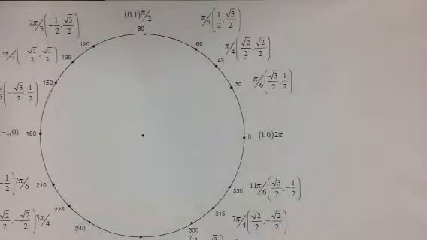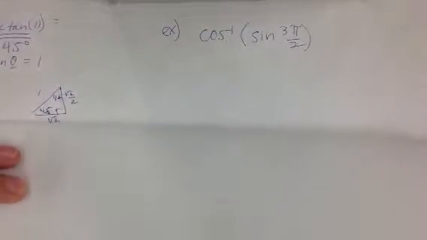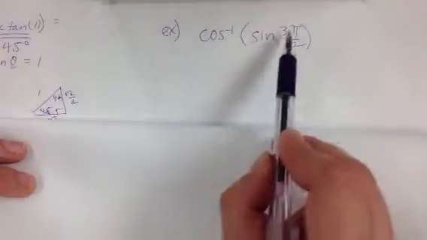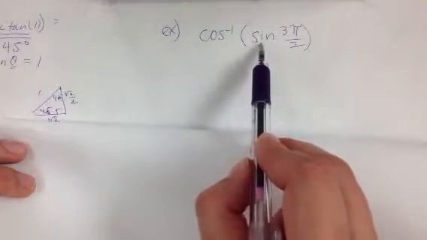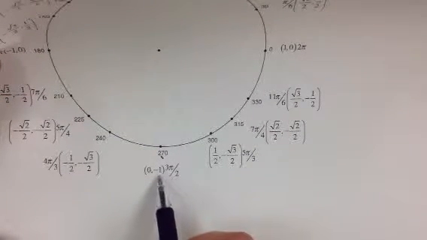And I remember, yep, that's 270 degrees. And now we're looking for the sine of 3 pi over 2. Sine is your y value. So here's 3 pi over 2. The sine value is -1. The y value is -1.